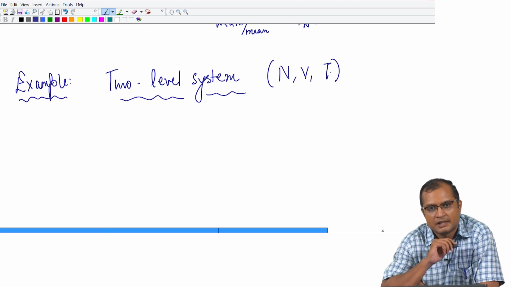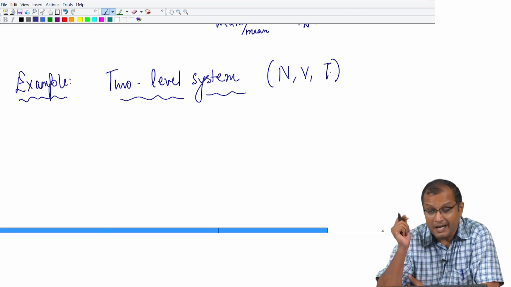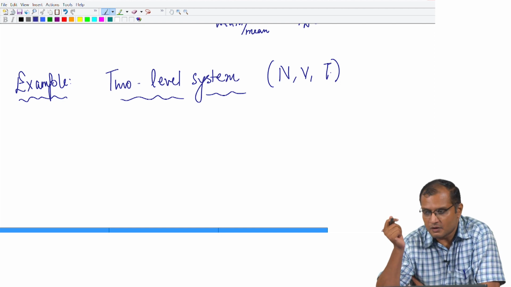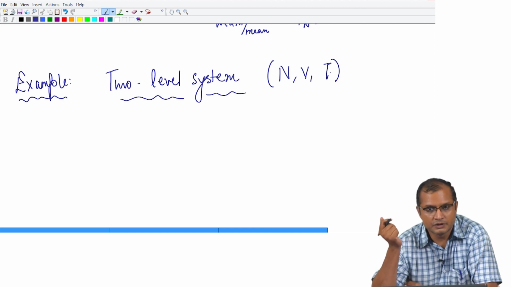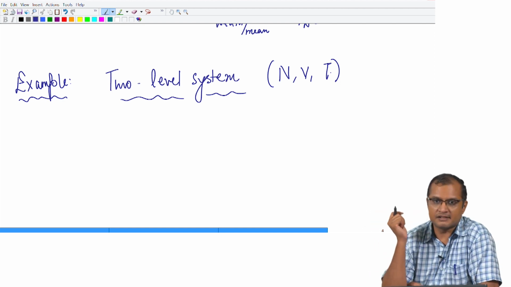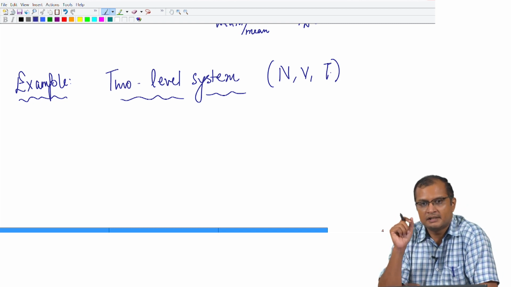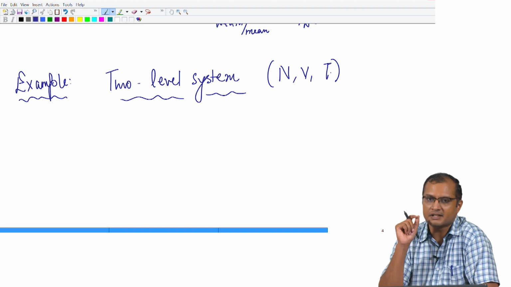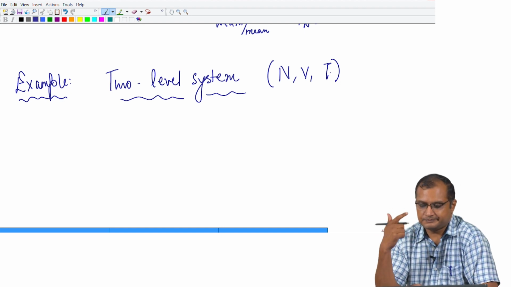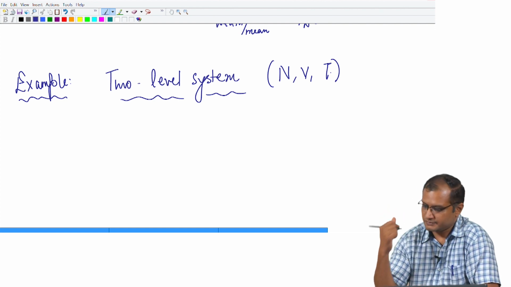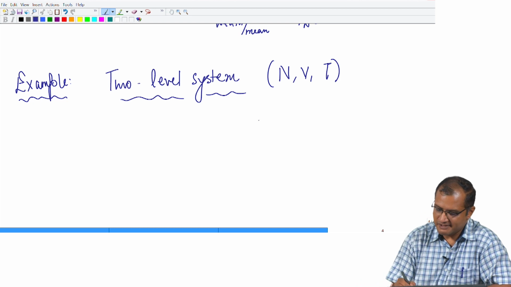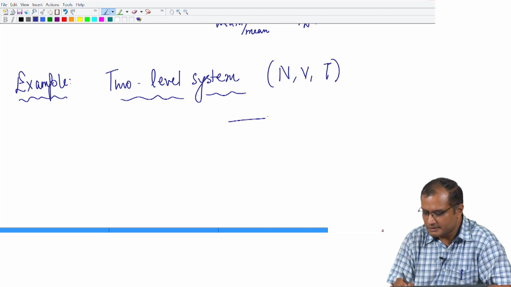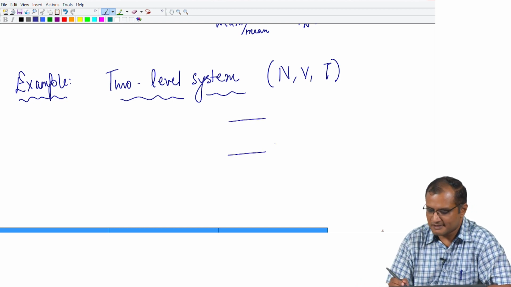So, our 2 level system comes back, but this time it is in contact with a heat reservoir. This is not a constant energy 2 level system, it is a 2 level system where its energy can fluctuate, which means the number of particles in the excited state is a function that depends on temperature.